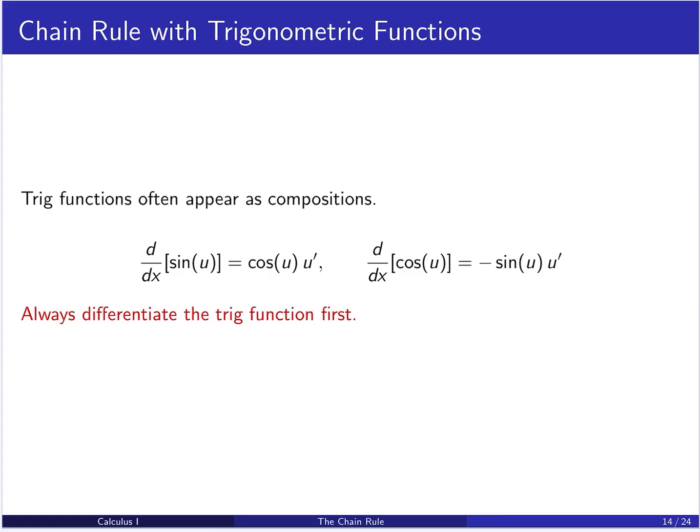The negative sign in the cosine derivative comes from the trigonometry, not from the chain rule itself. The chain rule just appends the u prime factor at the end. So you need to memorize this too.